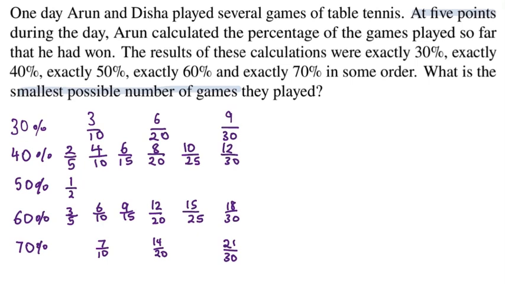So, I've simplified a few fractions and I've also scaled them up, as I said, because I want to take the smallest possible number of games to start off with. You've probably noticed that for 50% I've only written a half down, because that is the first percentage I'm going to take.